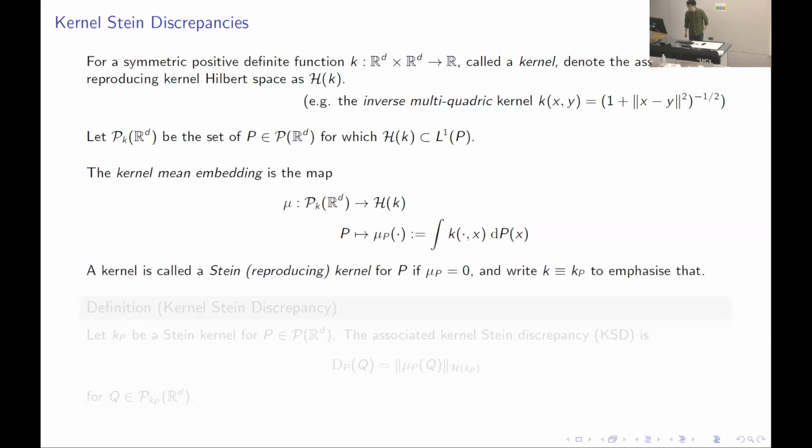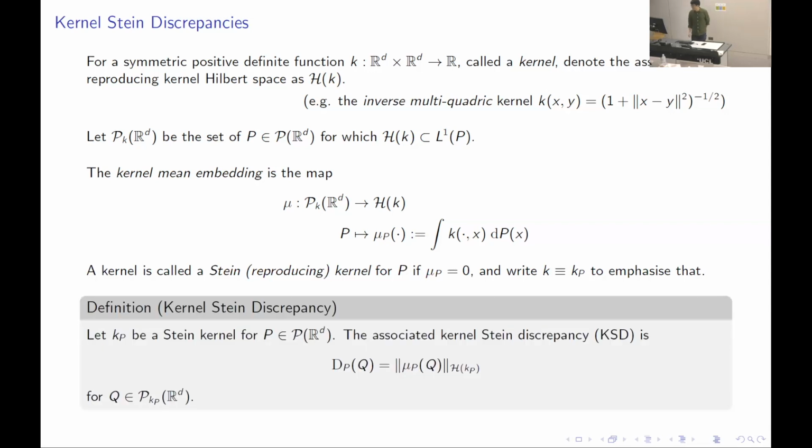The nicety of this KSD is that it becomes the RKHS norm between the approximating distribution and the origin, or the zero function. Because we're always comparing to the origin, we remove the dependency on the target, because the target is encoded there.